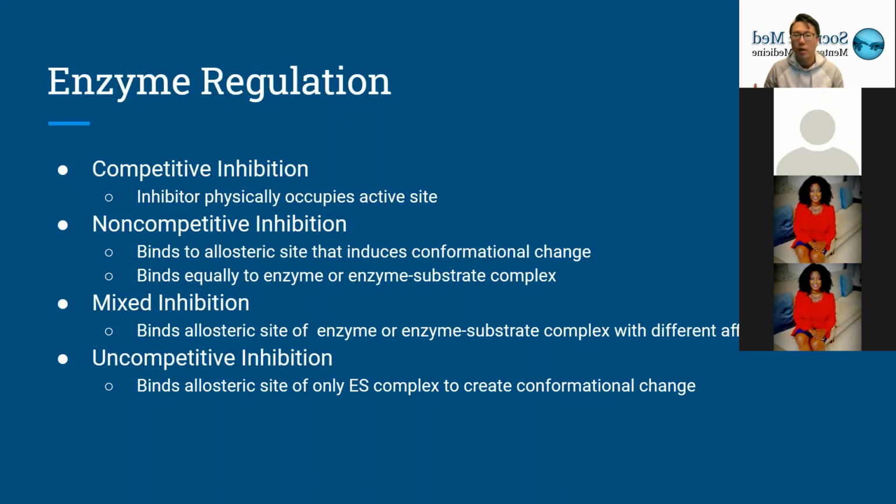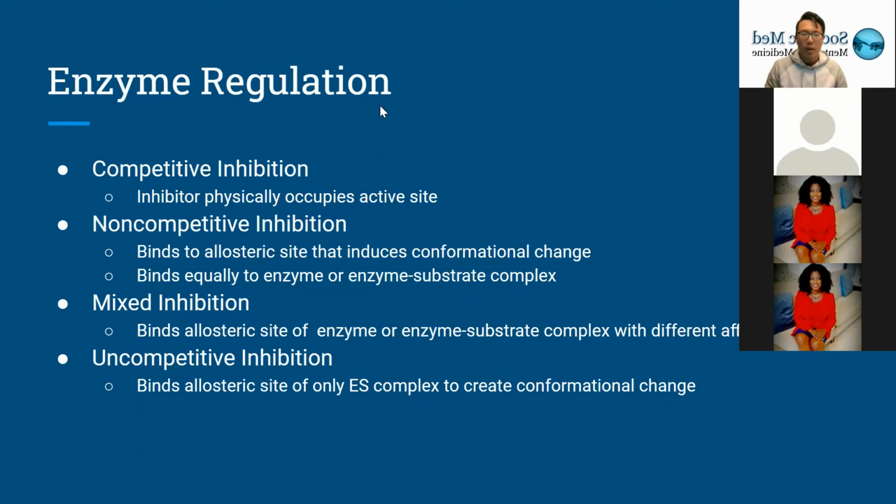While the non-competitive inhibitor will bind either the enzyme or the enzyme substrate complex with the same affinity, mixed inhibition is when the inhibitor binds the enzyme or the enzyme substrate complex with different affinity. So it will favor binding to either the enzyme or the enzyme substrate complex.